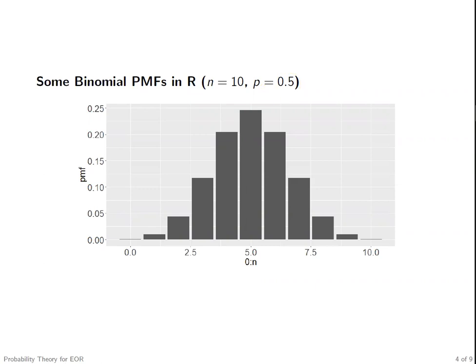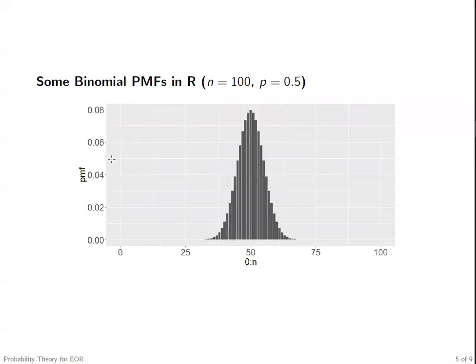Now, if we increase n from 10 to 100, this is what it looks like. Given the graph is of the same size, apparently we are getting results closer and closer to the relatively centered area. And if we increase n to much larger cases, it's gonna be even more centered. And apparently, if we consider the average value of the x's, it's more likely to get closer and closer to half, right?